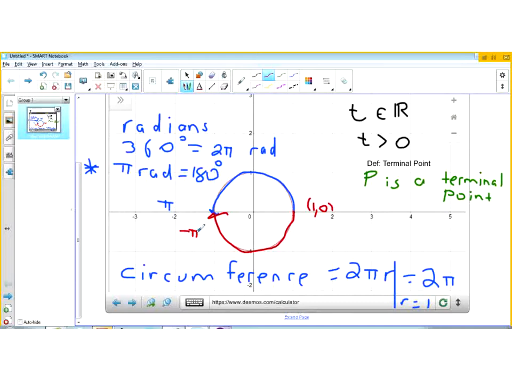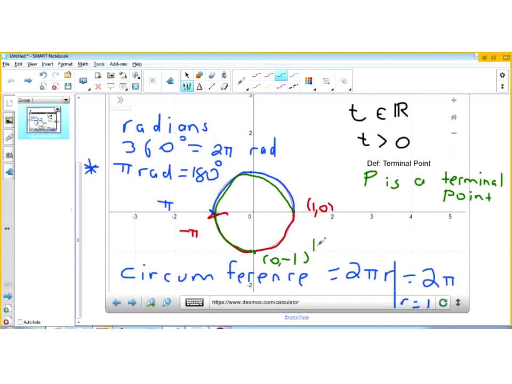Okay, now if I were to go to this point, for instance, say if I want to stop at this point right here, at the point 0, -1. Okay, my t value would be pi radians plus another pi halves radians.